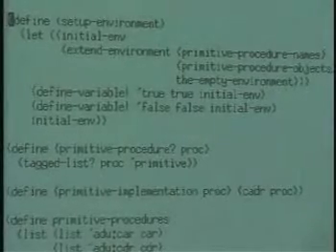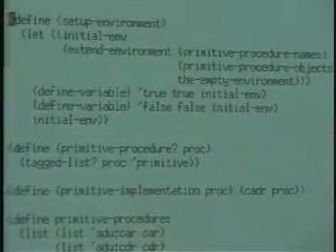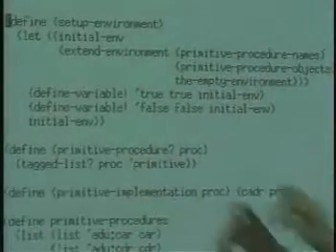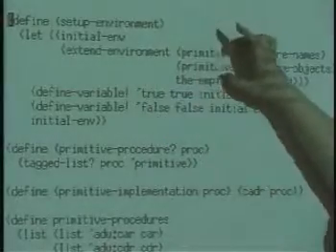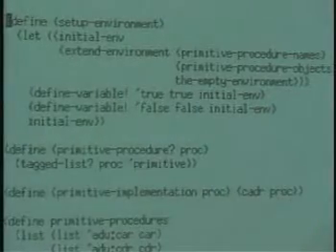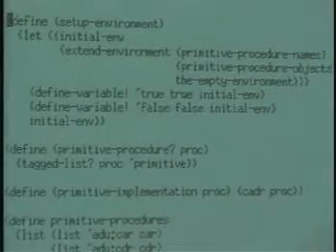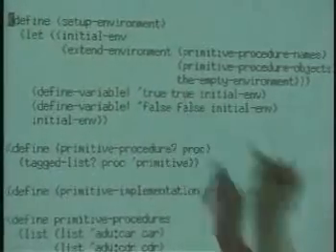When we first start out, we just put the primitive stuff in there, and we've got the empty environment to start out with. Now, I told you guys this is a list structure. These are abstractions to keep us from seeing that. But the empty environment is basically nil. And then we're basically going to put lists onto nil. And then we're going to define a variable called true in our environment that's going to be equal to true in the underlying scheme. So this is a symbol for our environment, and this is its value.